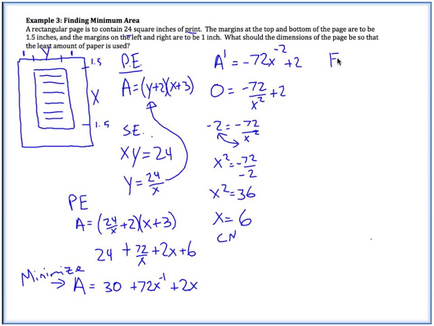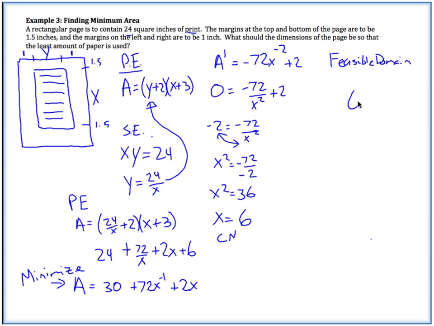So let's talk briefly about a feasible domain. Most times it's pretty easy to just think that at 6 we're going to get our critical number. And if we think about our feasible domain, we could let all of the print be as wide as possible. So y could go up to pretty much anything, and x could go down to 0. So our feasible domain really is going to be up to infinity here.